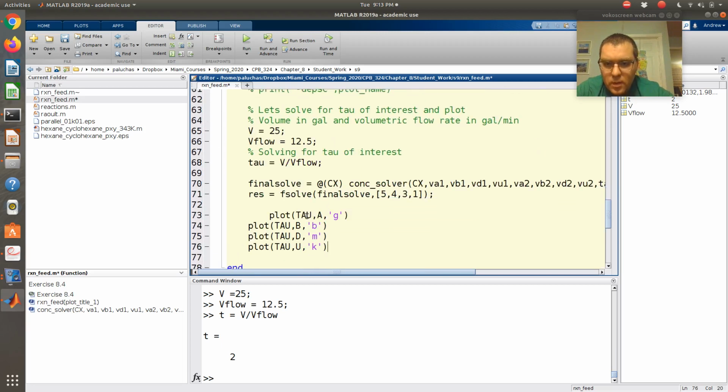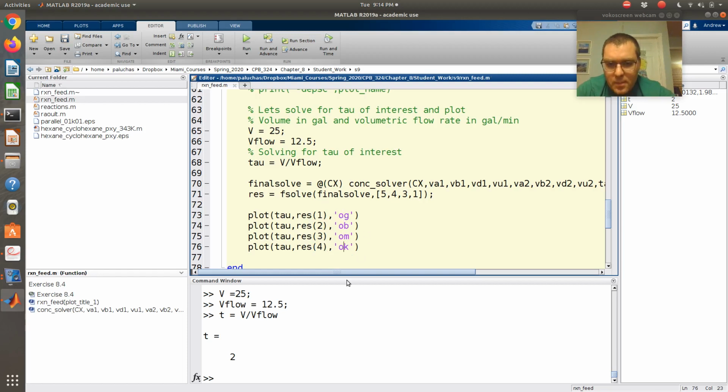And I'm going to plot, instead of tau, our tau of interest. This will be res 1. A is the first element of res, B is res 2, D is res 3, U is res 4. Let me plot these as circles.